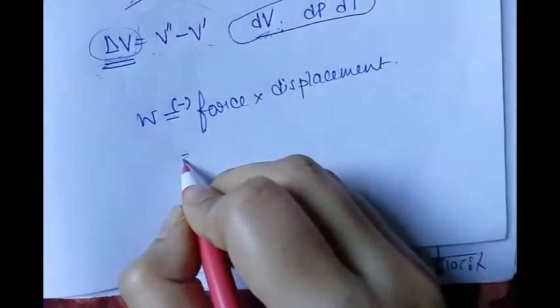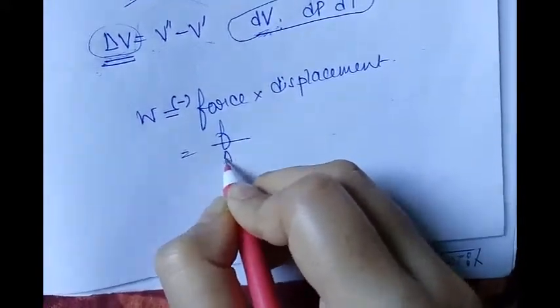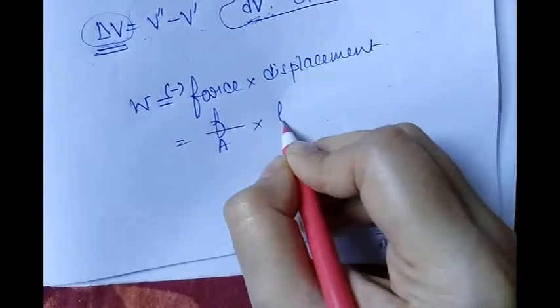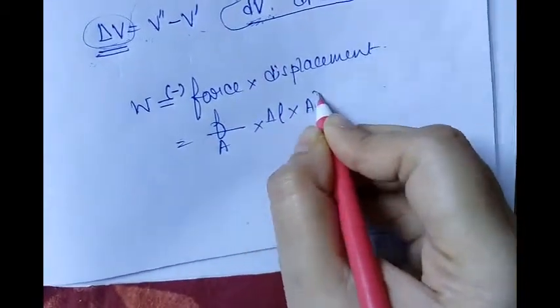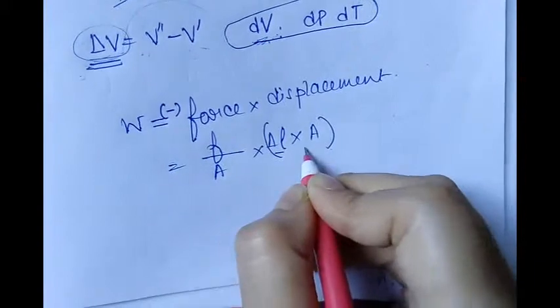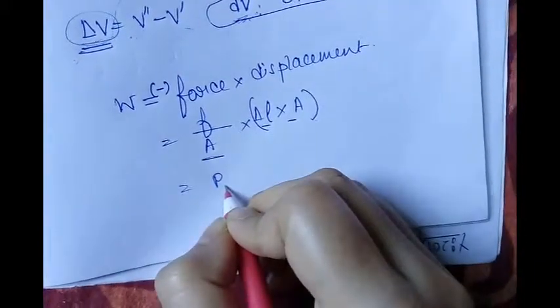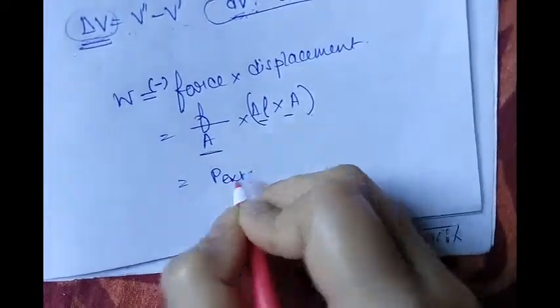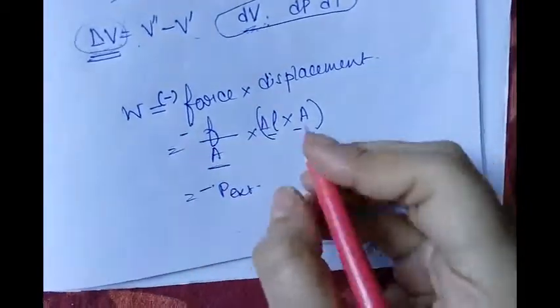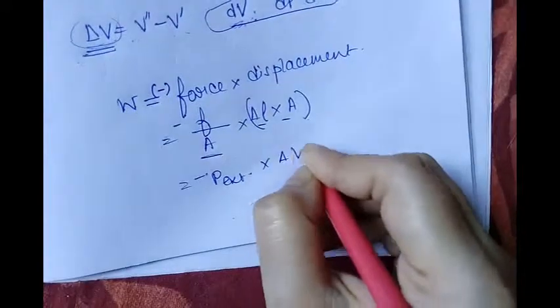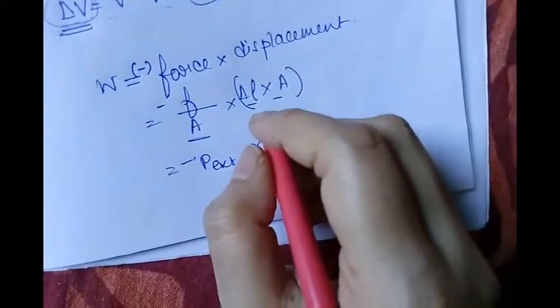Hence, force divided by area into displacement, suppose delta L into area. Now area into displacement is volume, and force by area is pressure. Hence pressure, that is P external, into delta V, the volume change, is the work done value.